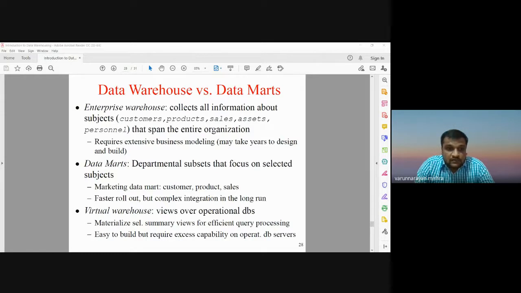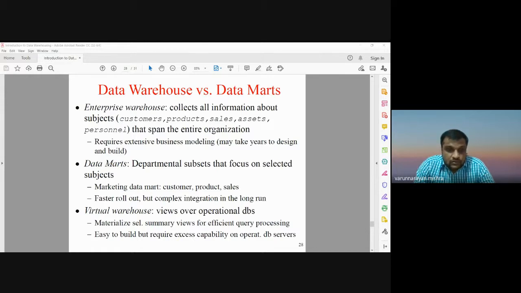The third type of warehouse is the virtual warehouse. In a virtual warehouse, we can have a view over operational databases, with materialized summary views for efficient query processing. It's easy to build, but it requires some access capability on the operational database server.